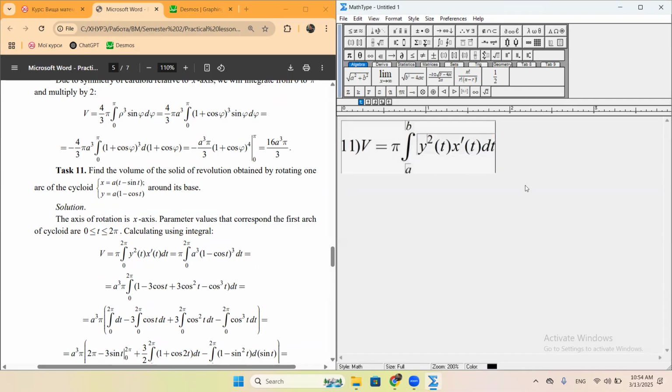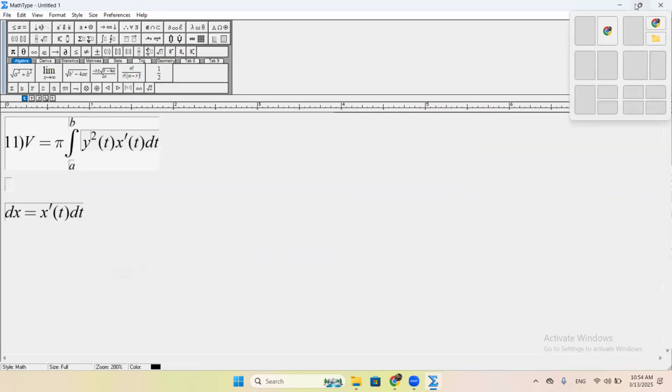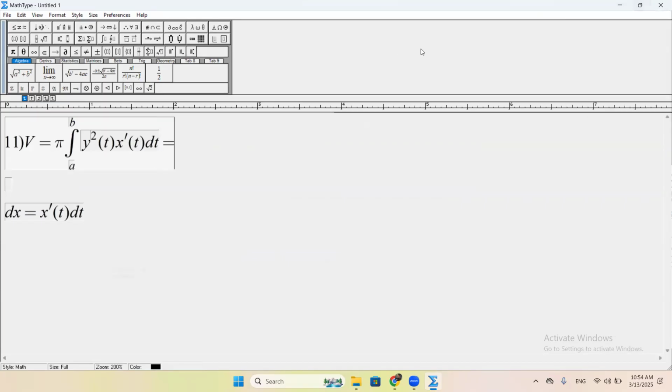So actually dx equals x prime of t dt. What does it mean basically? Why do we write in such a way? I explain it for better understanding, so that you don't have to only learn it by heart, but understand why x prime of t.